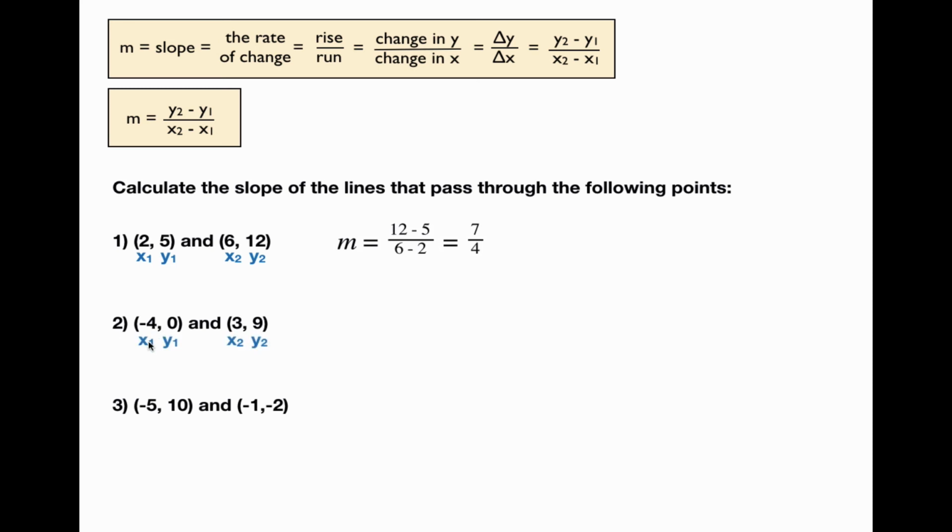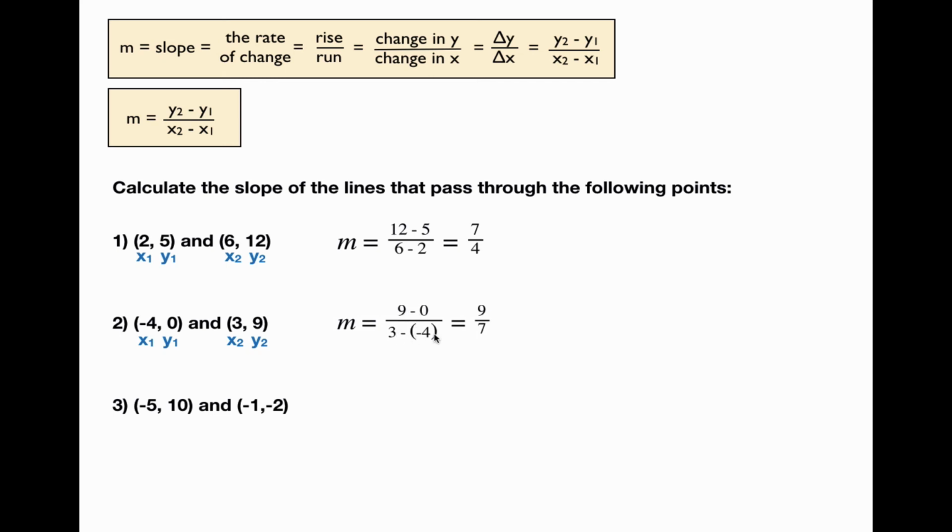Again, this is x1 and y1, x2 and y2. Plugging these values into the formula, what we'd get is y2 minus y1, or 9 minus 0, and then x2 minus x1, which would be 3 minus negative 4. Now when you write that down, it looks like this: 9 minus 0 over 3 minus negative 4.